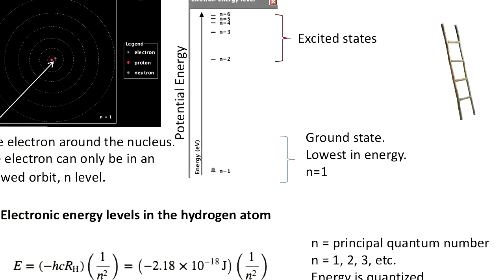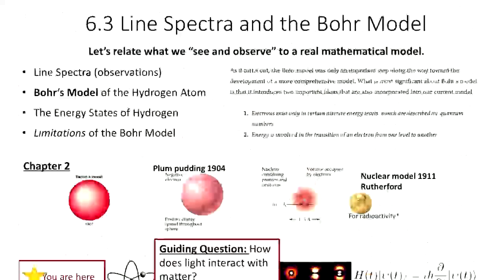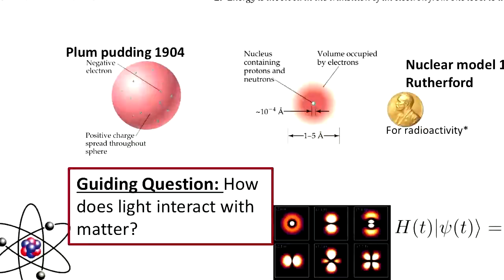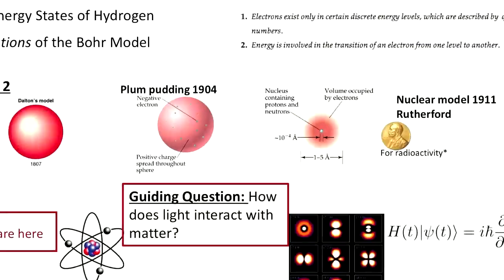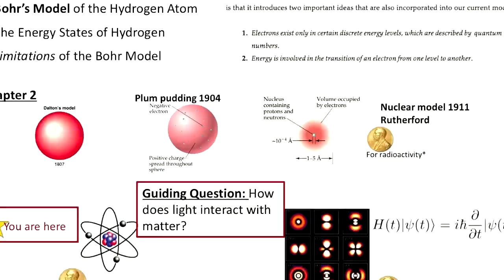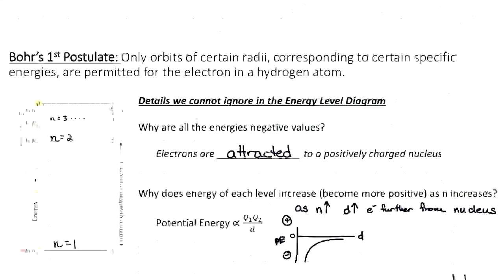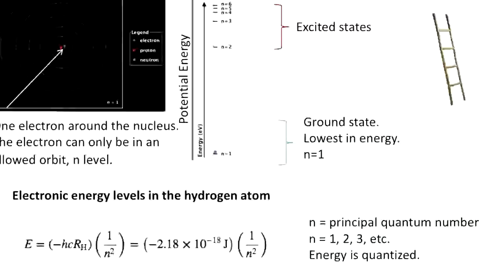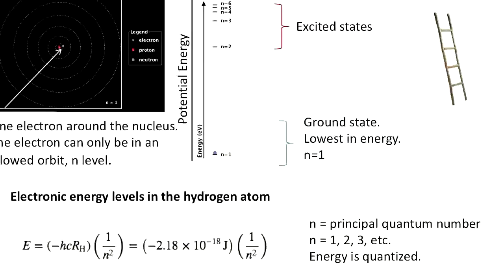In the Rutherford model, let me just go back real quick, the Rutherford model didn't really describe where those electrons are. They just said, oh, they're in this diffuse cloud, right? But the Bohr model tries to explain where these electrons around our atom are. And that's what this first postulate says, that we can only put electrons in certain radii around our nucleus.